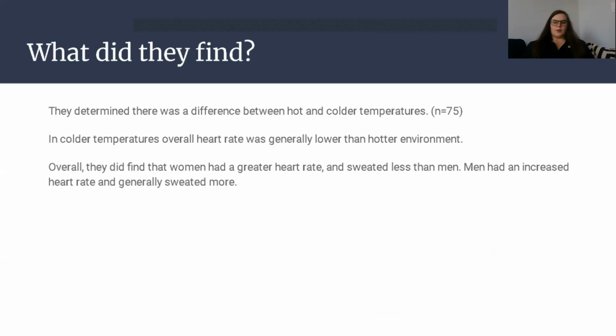So overall, what they found is they had a sample size of about 75 people, and they determined that there was a difference between the hot and colder temperatures, just based on this HSDA score. What they did find is that the HSDA score was lower in colder temperatures, and that overall heart rate and work were lower than in the hotter environment.